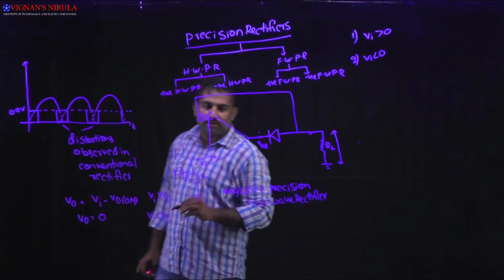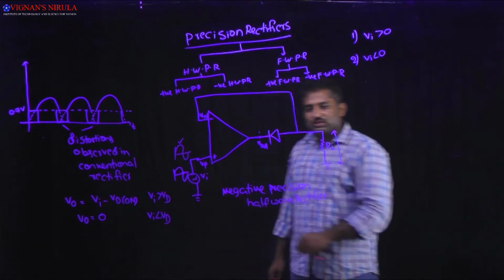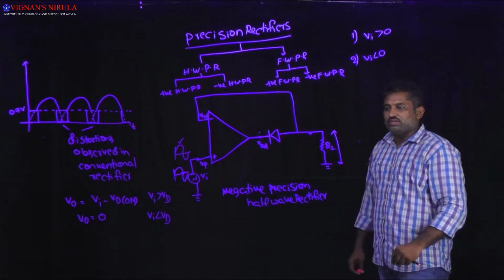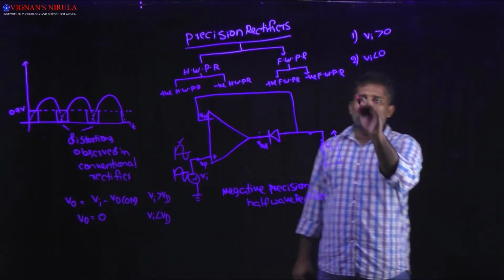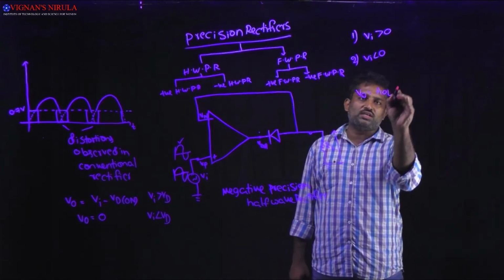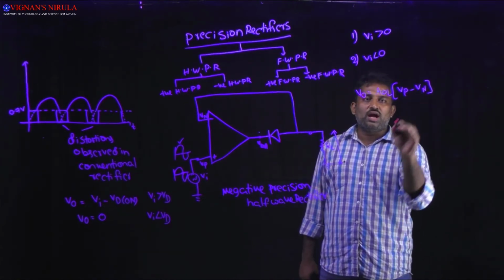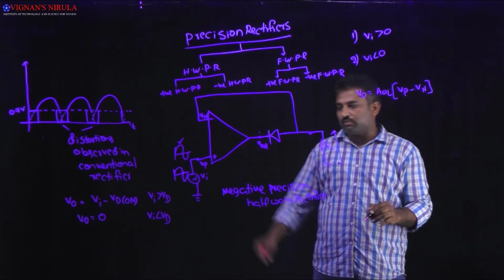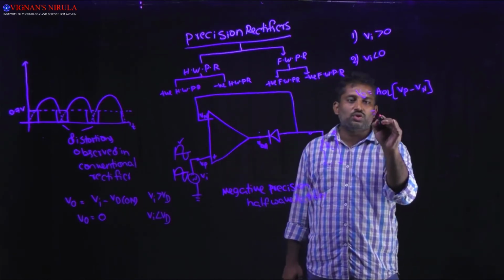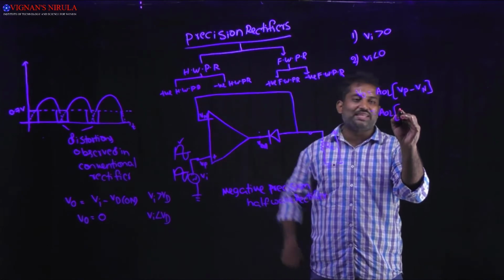So this part I am going to consider as the positive peak, and here also I am considering the same non-inverting op amp circuit, and we all know that the output voltage V naught is equal to A naught L into Vp minus Vn. Here Vp is the positive terminal, so I am applying the positive value because Vi is greater than 0.